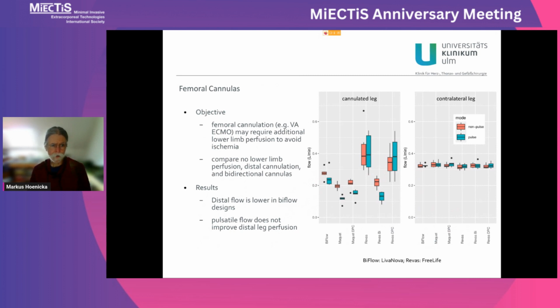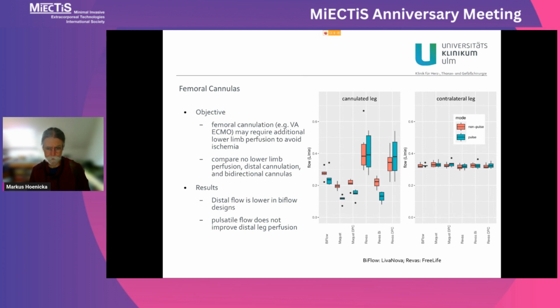Finally, we had a look at femoral cannulas. They're not only interesting in MiECC, but of course also when using a VA ECMO, for example. And we were basically interested in looking at cannula types which provide an additional distal perfusion. So they have additional holes pointing backwards to perfuse the cannulated leg.